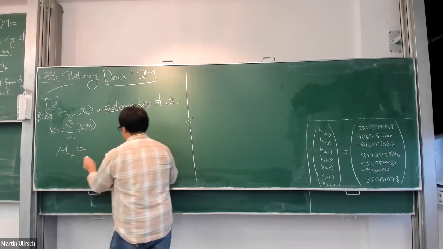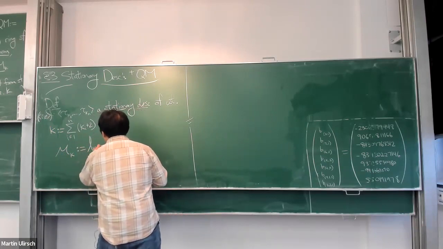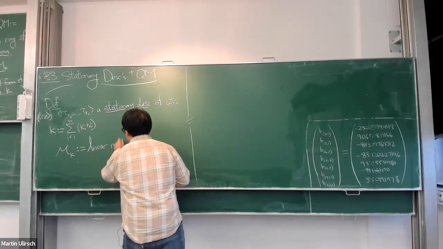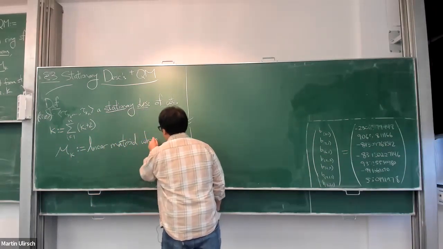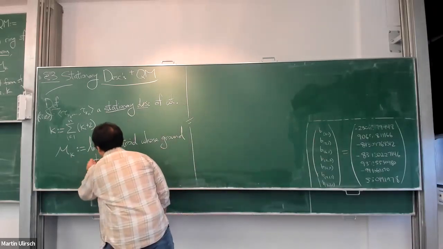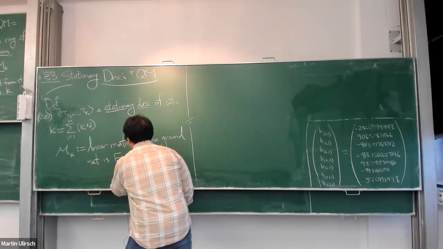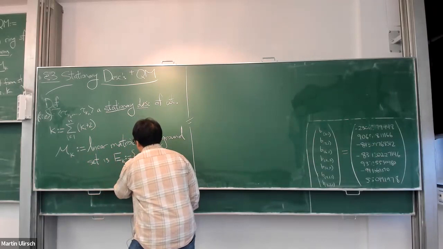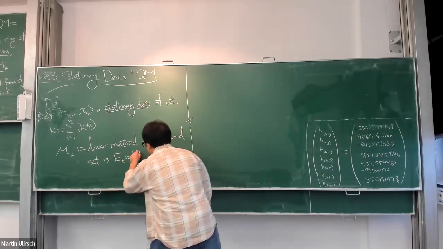The m sub k is going to be the linear realizable matroid whose ground set is, I'll always call it e sub k. And it's just literally all the stationary descendants of weight k. That's the ground set.